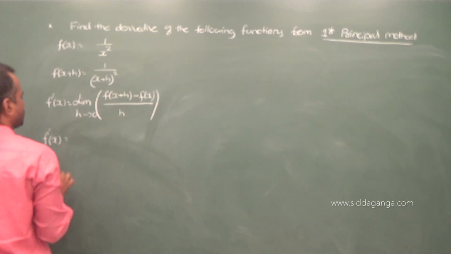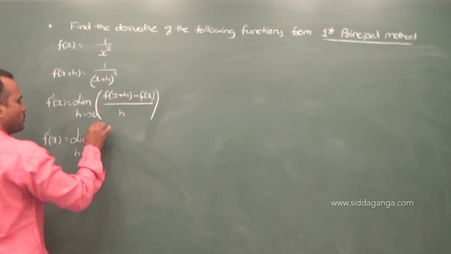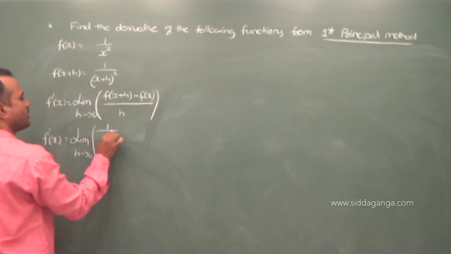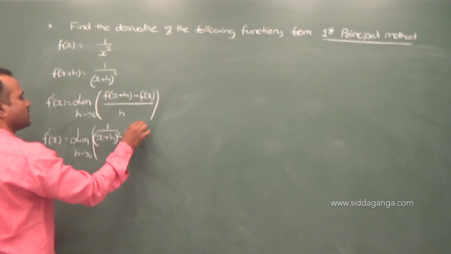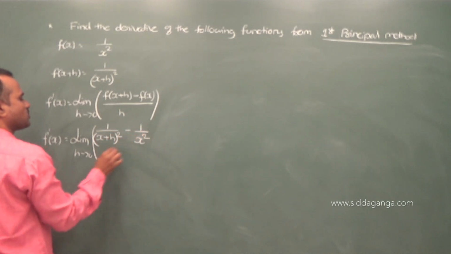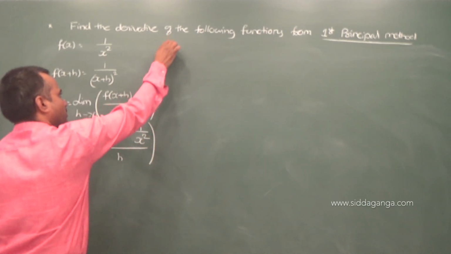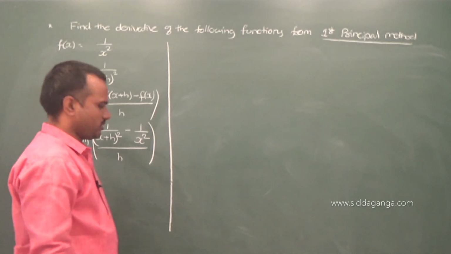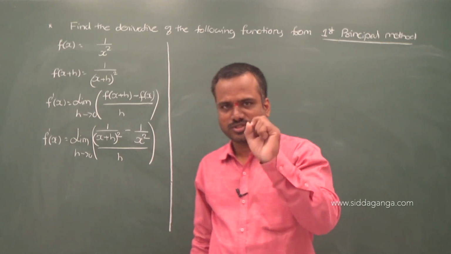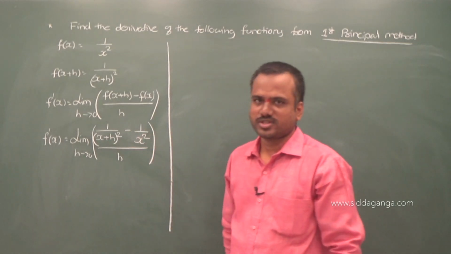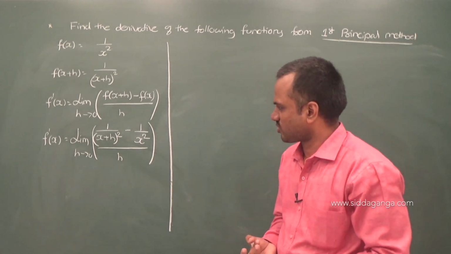F dash of x is limit h tends to 0, 1 divided by x plus h whole square minus 1 divided by x square, whole divided by h. Wherever f of x plus h, substitute 1 divided by x plus h whole square. Wherever f of x, substitute 1 by x square.